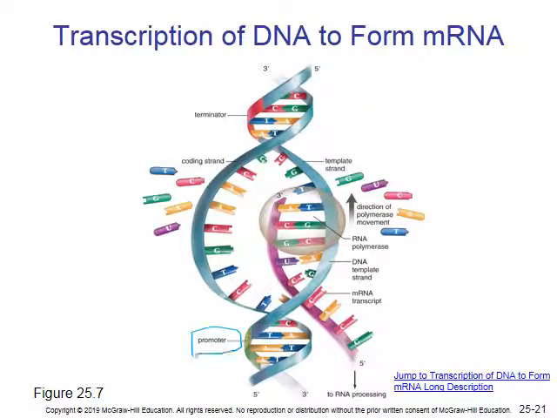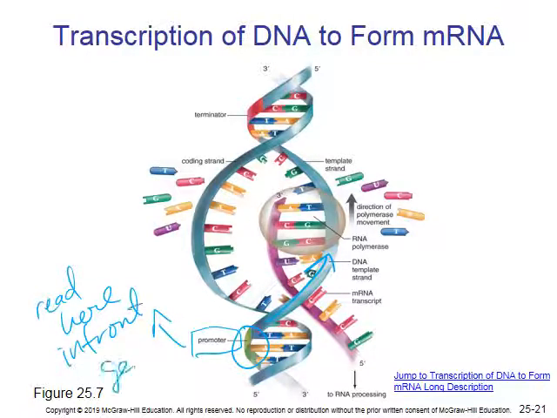Here we have the promoter. The promoter says, just forward of me is a gene. So read here, in front of me is a gene. The RNA polymerase is going to bind, and it's going to start reading the DNA sequence.